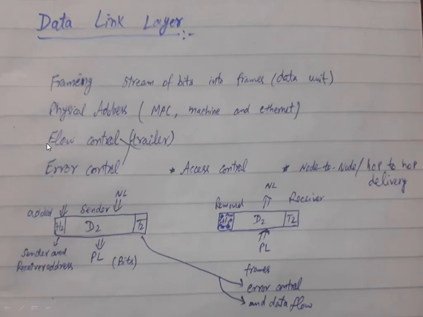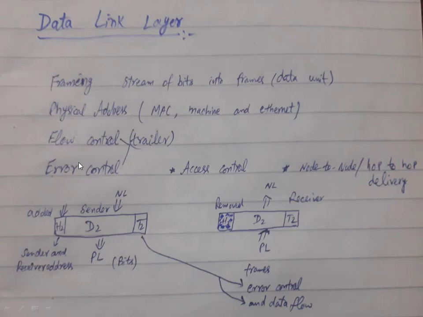And the data link layer also handles these 2 functions: flow control and error control. Flow control means in which direction data will flow, and error control means that if there is an error in the data transmission, it is handled by the trailer.